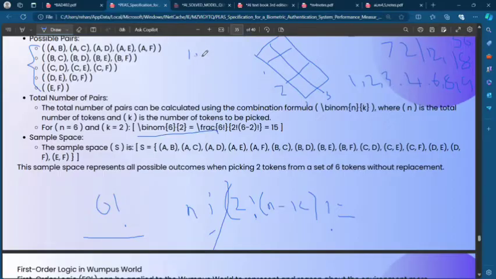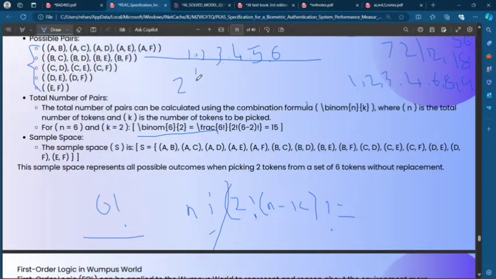So let us solve 6 factorial: 1 into 2 into 3 into 4, 5, 6, a multiplication.